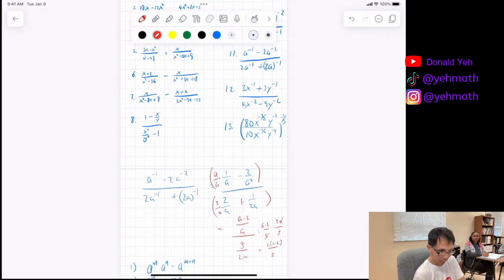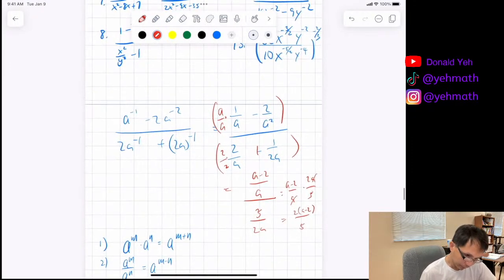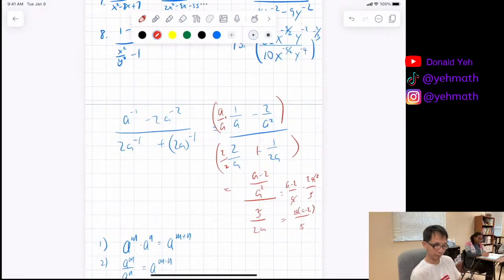For the a minus 2 over a, I'm pretty sure it's supposed to be a minus 2 over a squared. Nope, you're right. So therefore, it's going to be 2a, right? Oh, no, wait, hold on a second.